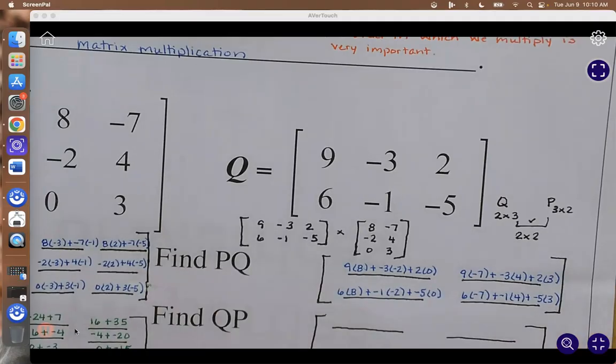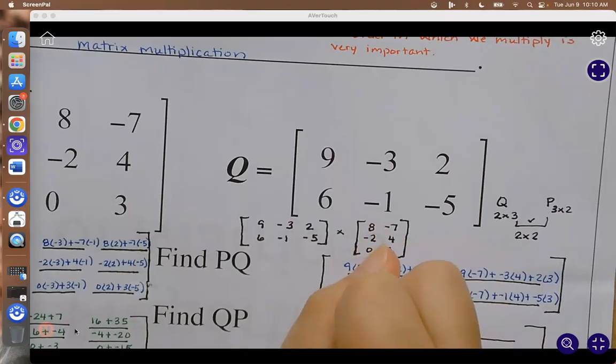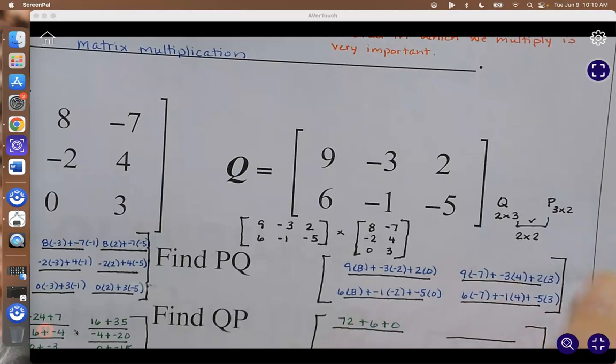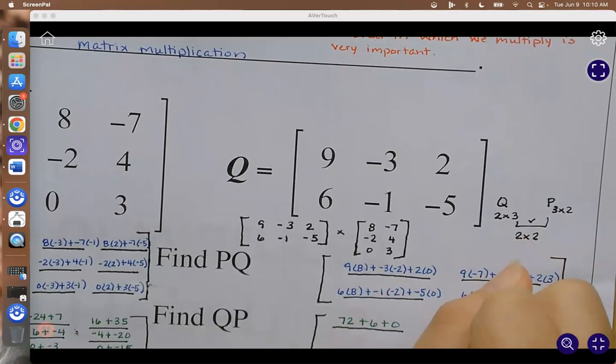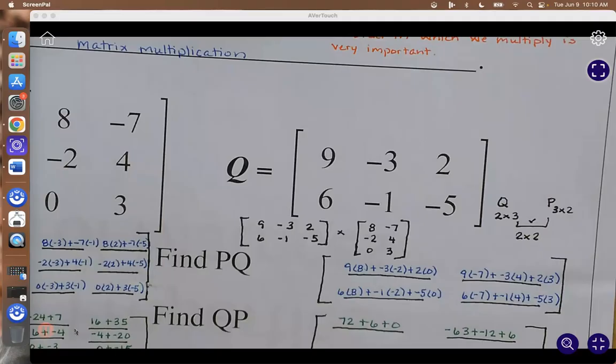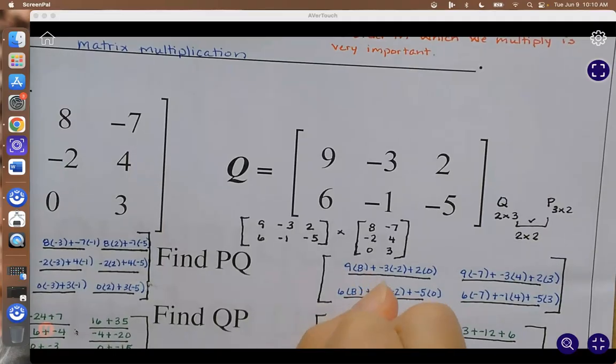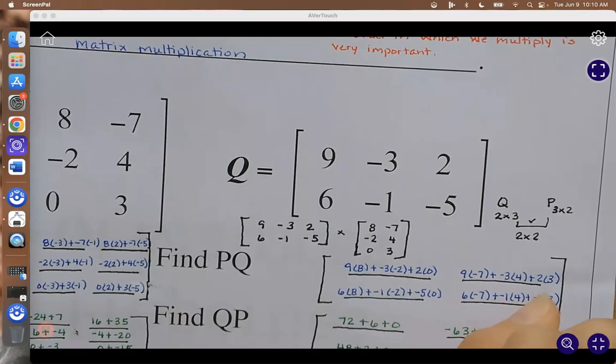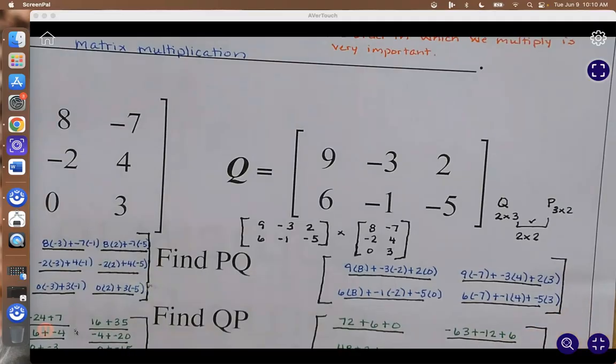Alrighty. So right here, we get 72 plus 6 plus 0. Here we get negative 63 plus negative 12 plus 6. Here we get 48 plus 2 plus 0. And here we get negative 42 plus negative 4 plus negative 15.